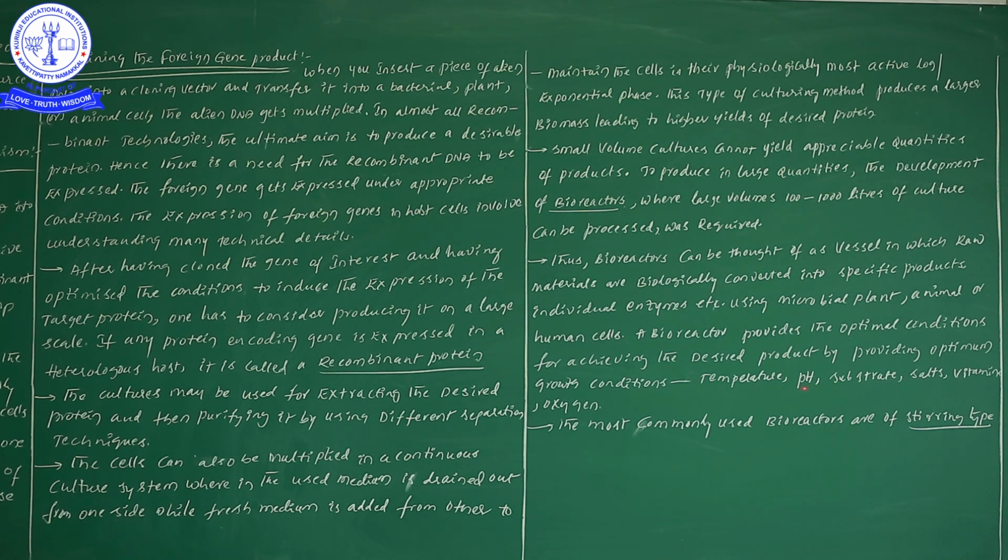Temperature, pH, substrate, salt and vitamins, oxygen. Likewise there are different types of optimum growth conditions we maintain. So whatever product you would like to obtain in large quantities, you can obtain it, but you have to provide suitable raw materials and optimum conditions.